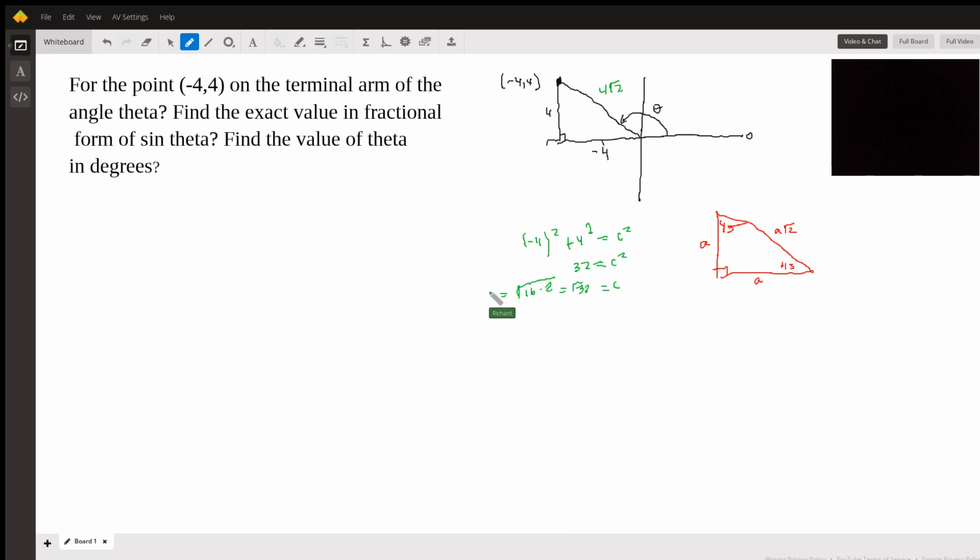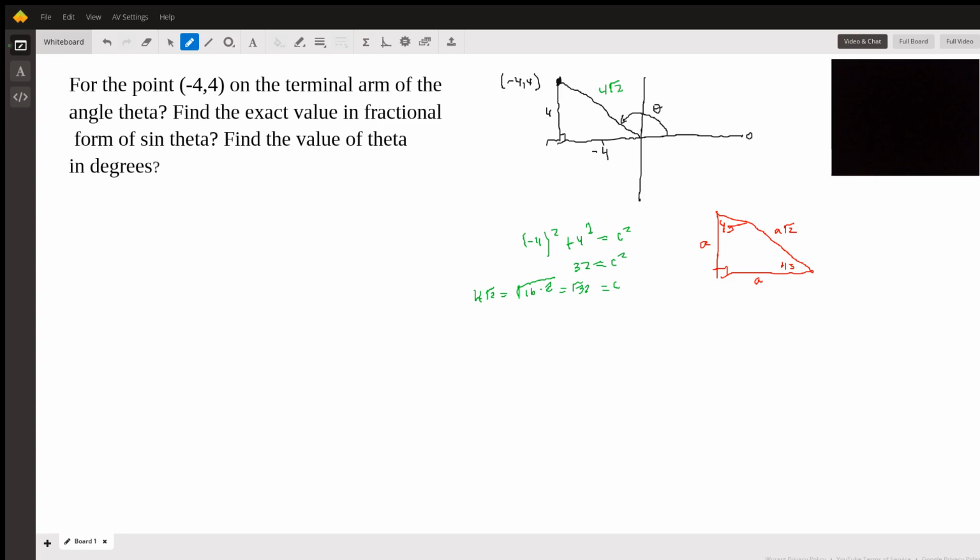Okay, and then that gives you 2 root 2. Sorry, 4 root 2, excuse me. Square root of 16 is 4, of course. And that's 4 root 2. So you can use the Pythagorean theorem, but it's far better if you've got this memorized. And you really needed to know this triangle, the special right triangle, because it's clearly an isosceles right triangle here.